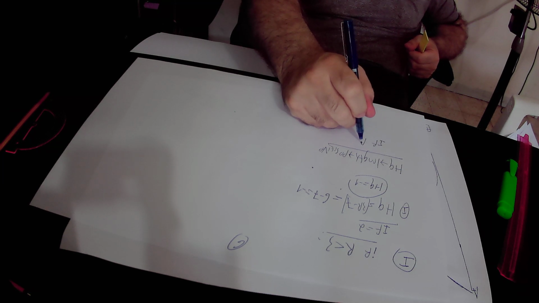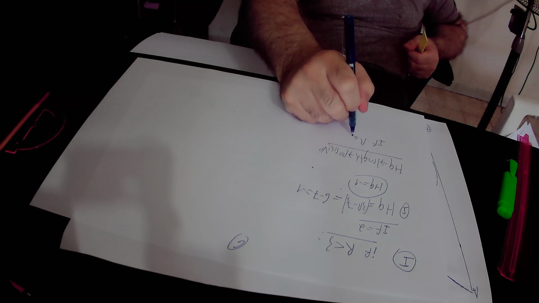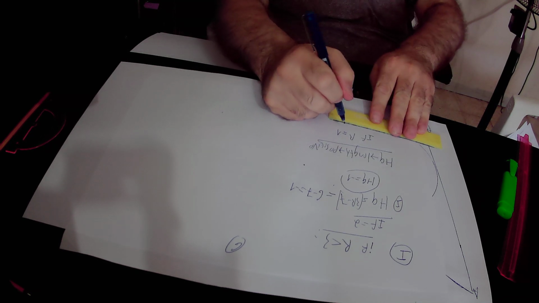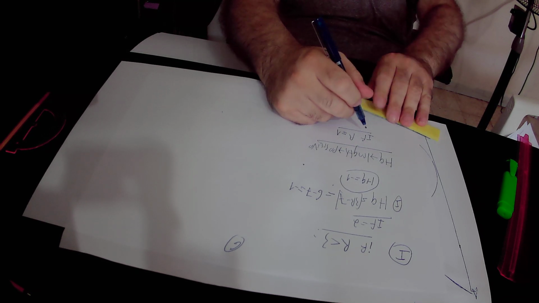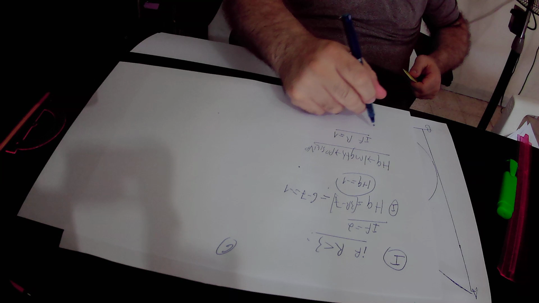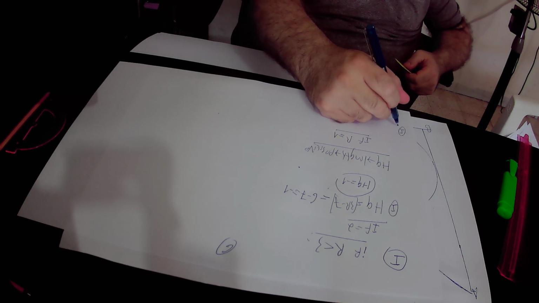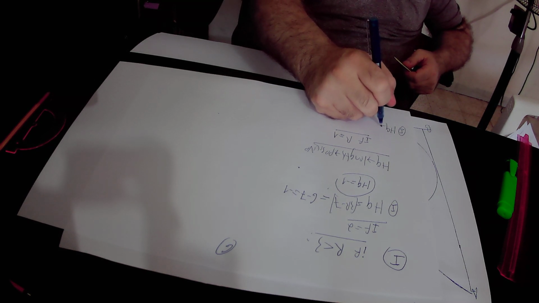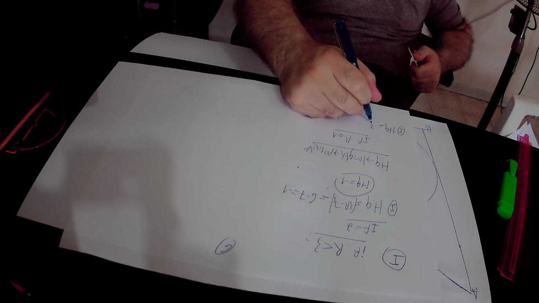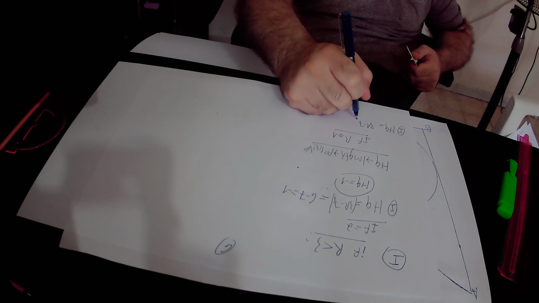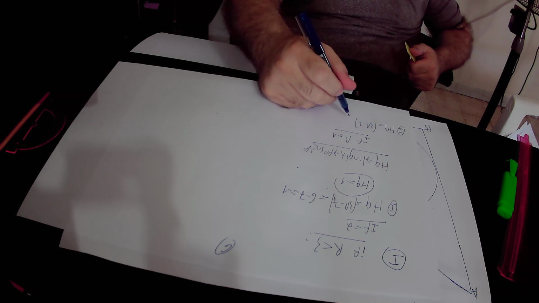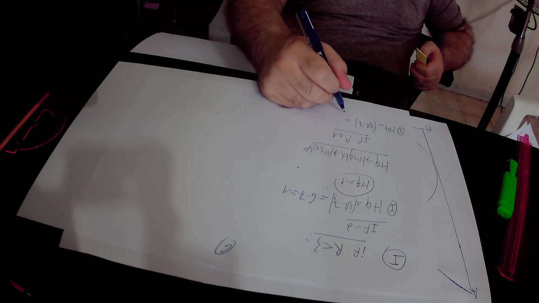So if R equals 1, then again we'll put the value of R inside equation number 1. According to equation number 1, HQ equals 3R minus 7 and R equals 1.